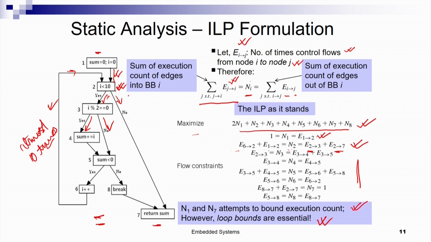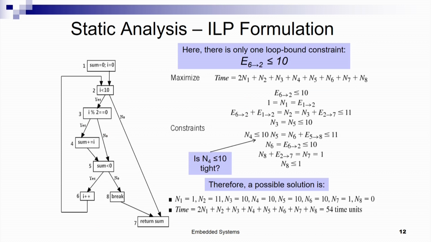Hence, we can say that nodes N3, N4, N5, N6, all these nodes will be executed at most 10 times. Can we do better is a question. Here there is only one loop bound constraint, E62 is less than equal to 10.